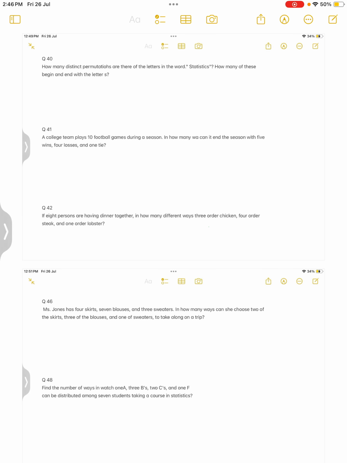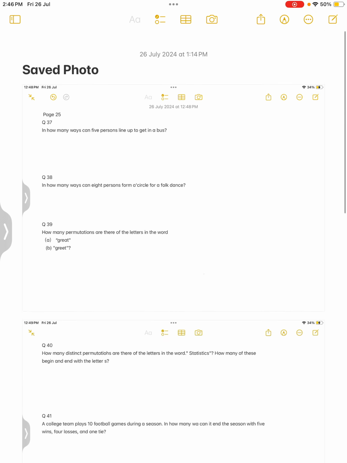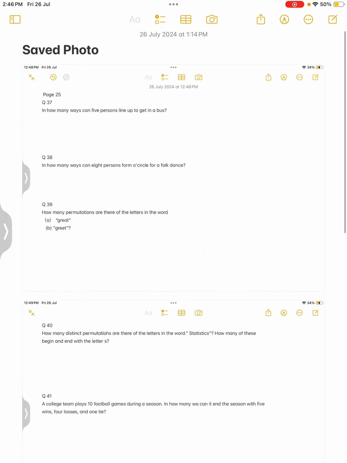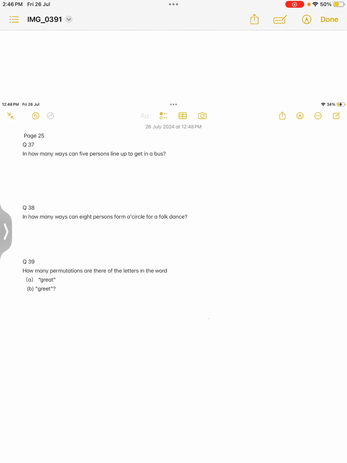We will solve some questions about the previous material. Here, in how many ways can 5 persons line up to get a bus?